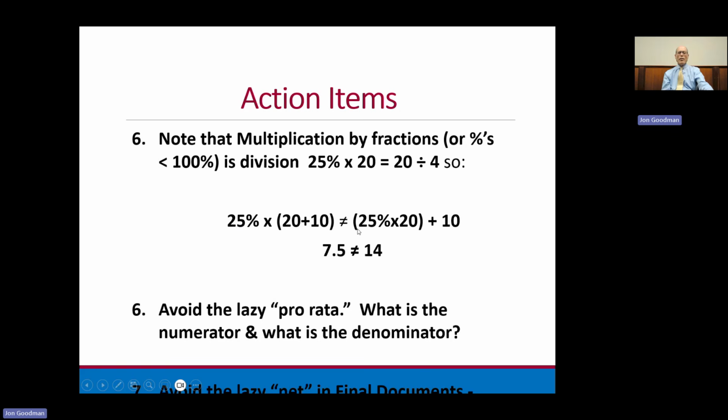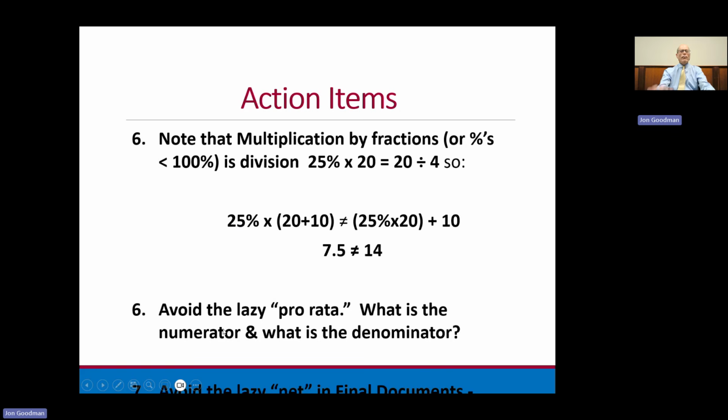They're all in the same order, but grouping matters. 25% of the sum of 20 plus 10 is 25% of 30. 25% of 30 is 7.5. But if you do it in this order, 25% times 20 is 4. 4 plus 10 is 14. Grouping matters with division, and it also matters for multiplication by percentages that are less than 100%.